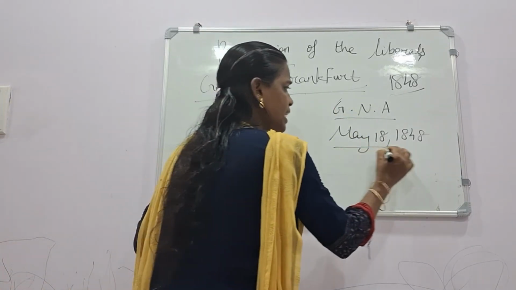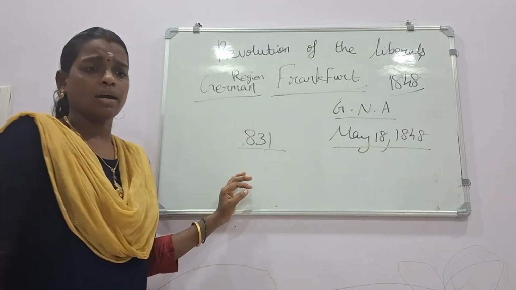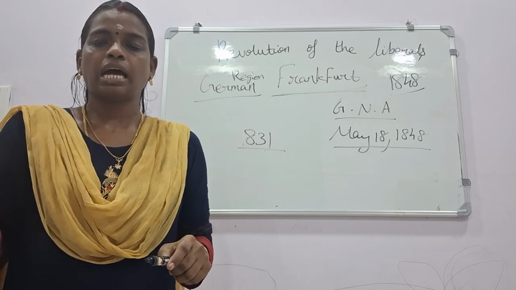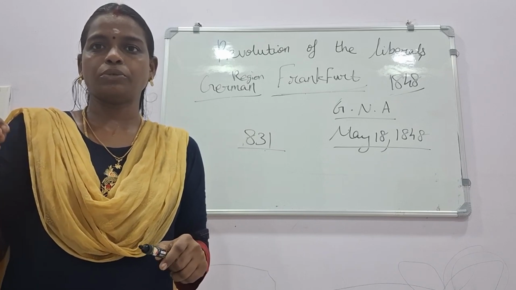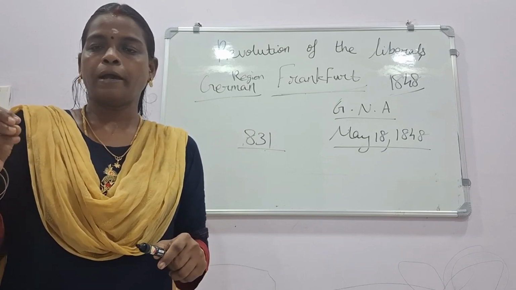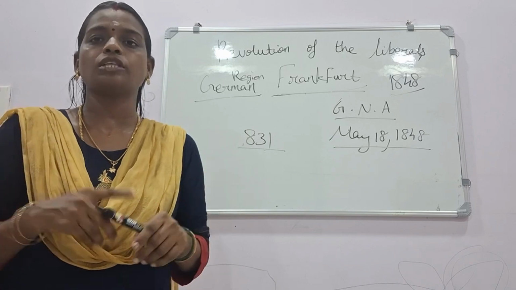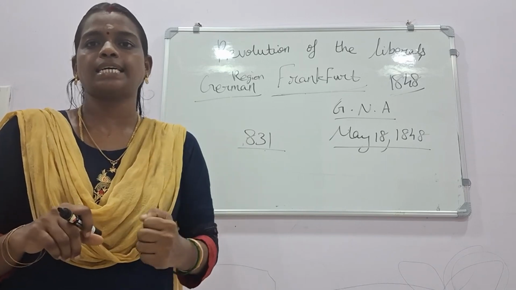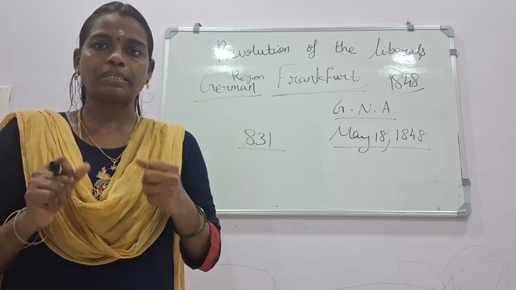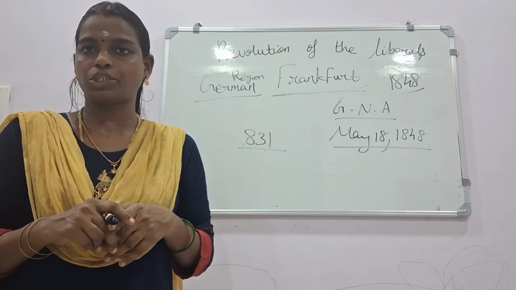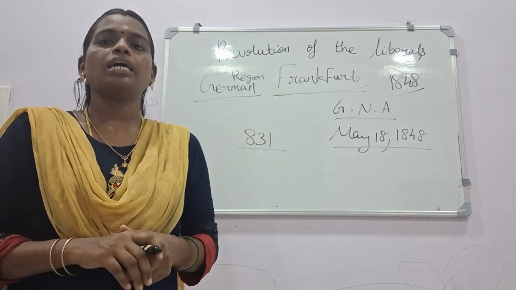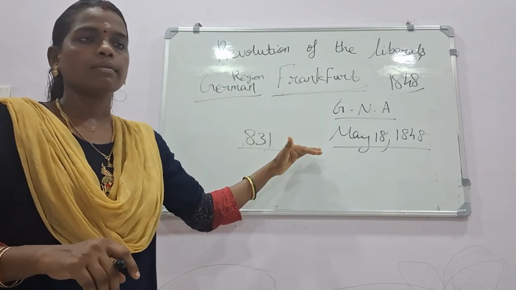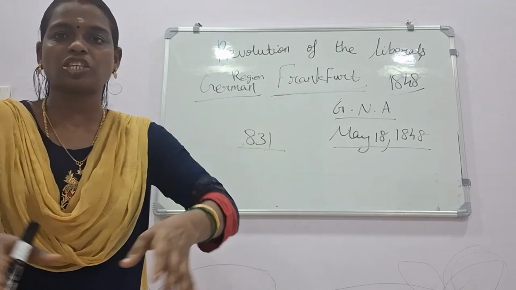So May 18, 1848. Actually, after an election, ministers take an oath and they have to say, I should do this for the people, I should be loyal to the government, and many promises are given in front of the people or in front of the government. Correct? Is it so? So the same thing happened: the 831 people held a procession. What is a procession?